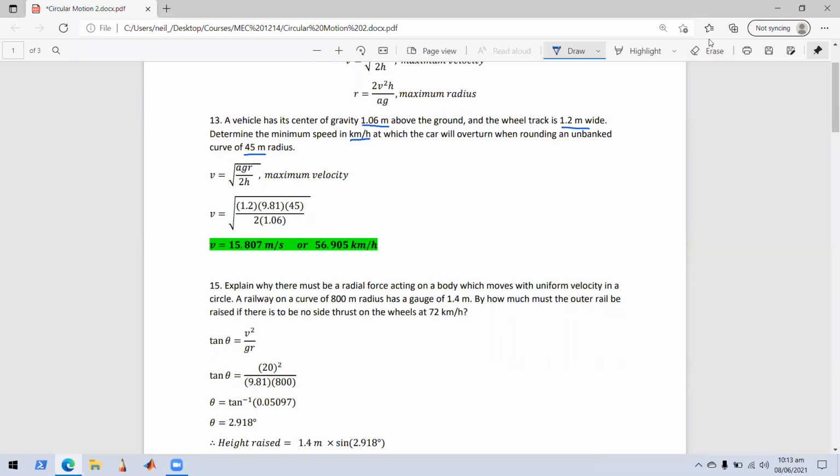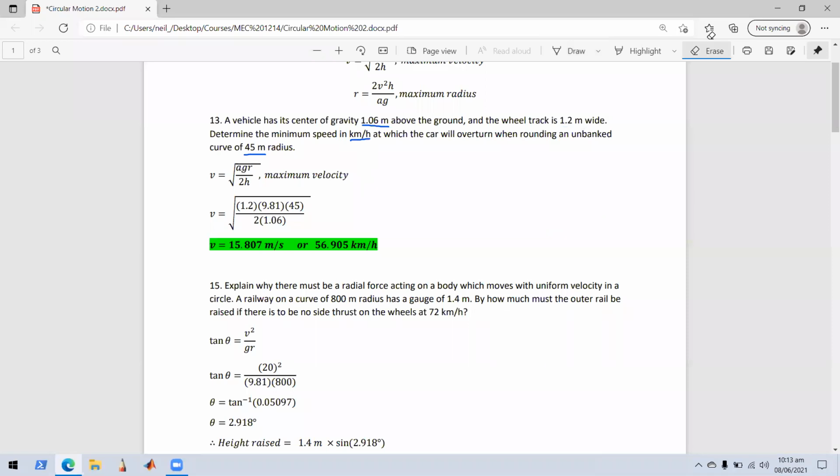So what does that mean? So unbanked refers to a flat road, right? Flat road. No kind of lift or anything. Like, I don't know if you guys have ever seen NASCAR racetracks. The road is slightly tilted around in a circle.